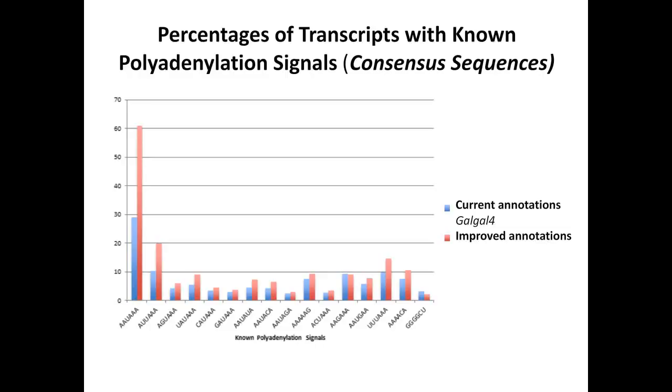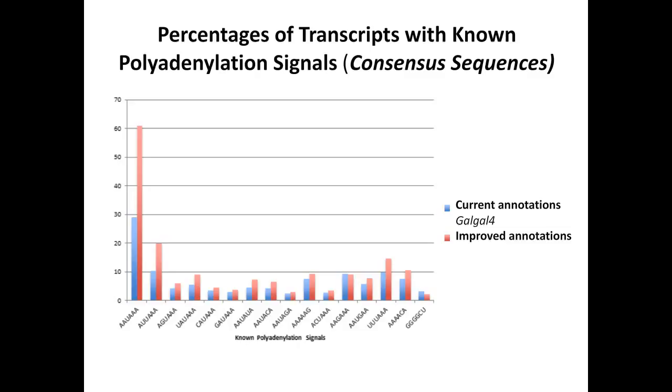So after doing all these improvements and filtering the data, cleaning, for example, looking at poly-A stretches and extending the 3' UTR, we were wondering how good we were doing. So we looked at, as you remember from earlier, there are polyadenylation signals. These are typical polyadenylation signals, which are called consensus sequences.